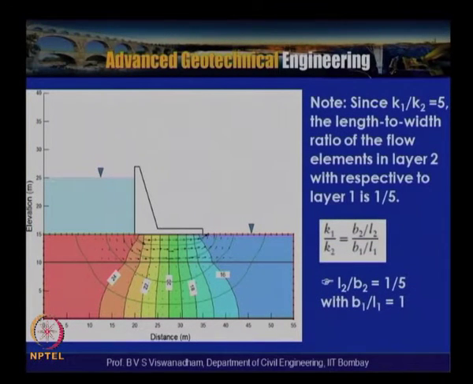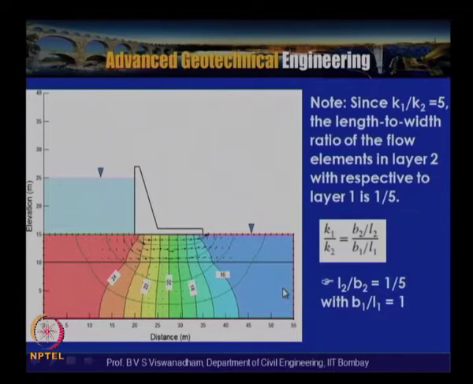When we construct the flow net using the SEEPW program, this is the equipotential line here, and we can see that the upper layer has 5 times higher permeability than the lower one.